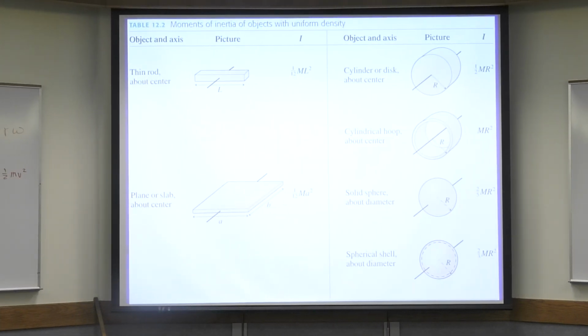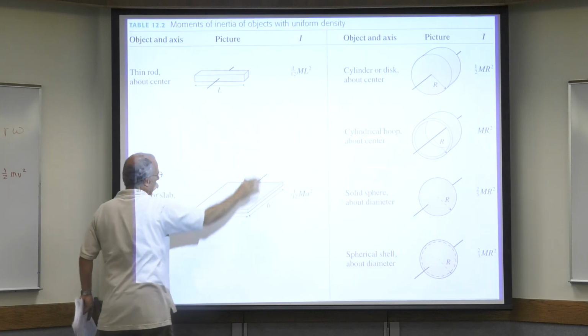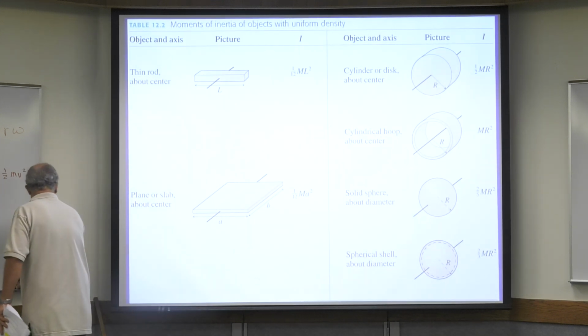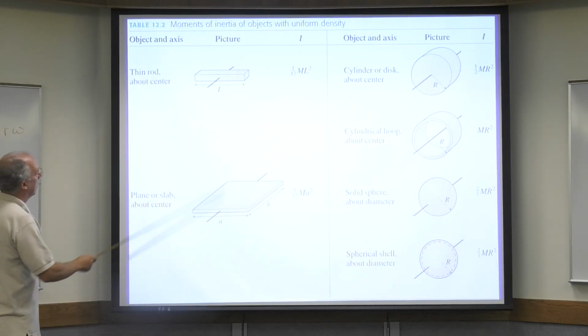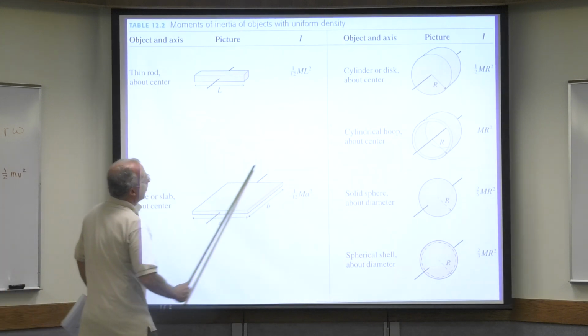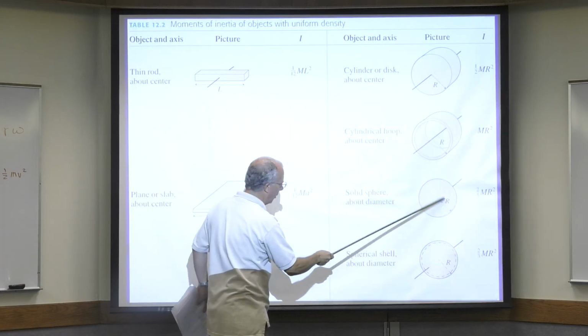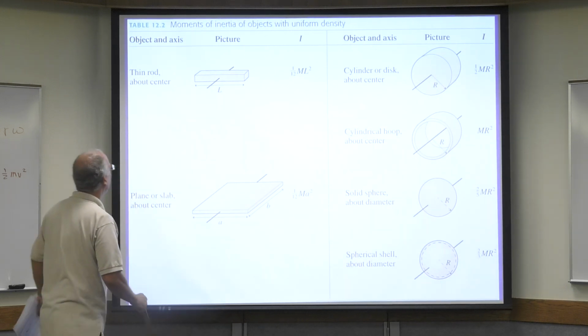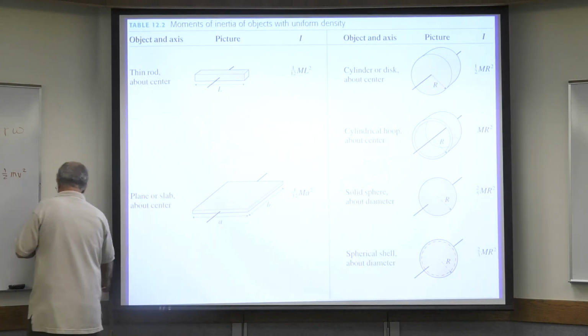All right, there's something called the parallel axis theorem that is sometimes useful when you're talking about these objects. You notice I covered this one and this one. So every single object here is rotating about the center of mass.